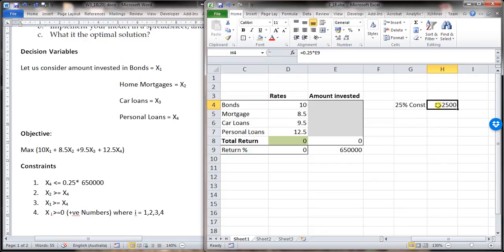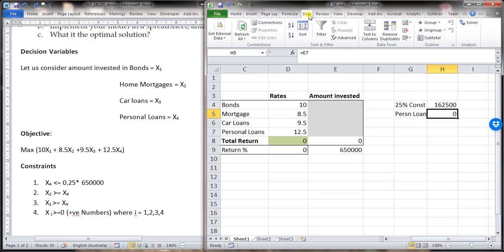So this is one constraint. The second constraint is that the amount invested in home mortgages should be greater than or equal to the personal loans. So we keep x2 greater than this.